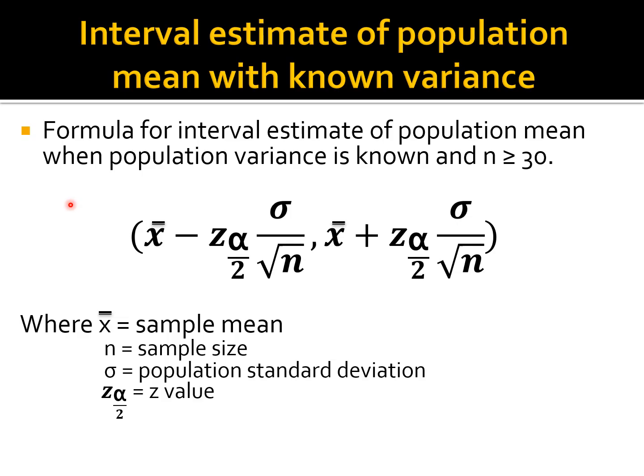Here is the formula for the interval estimate of the population mean when the population variance is known and the sample size n is greater than or equal to 30.